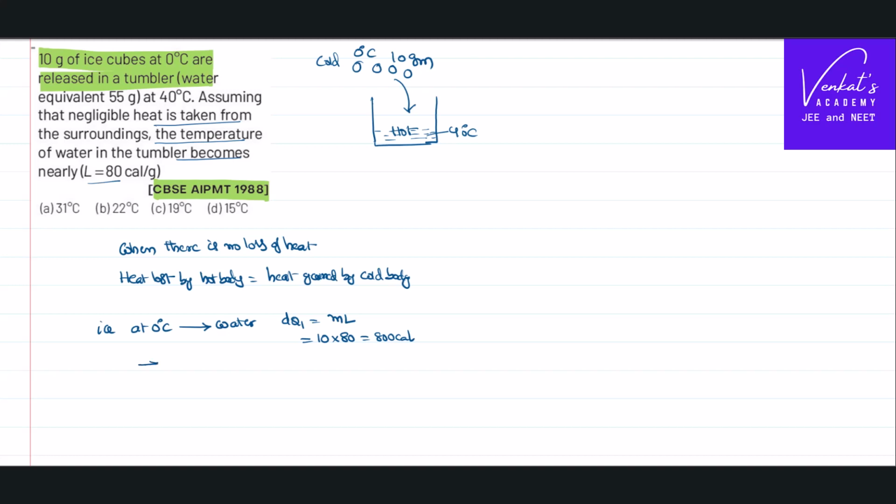Now this is no more ice, that is in the form of water, whose temperature will rise from 0 degrees centigrade to a new temperature x degrees centigrade. We have to calculate what the temperature is.